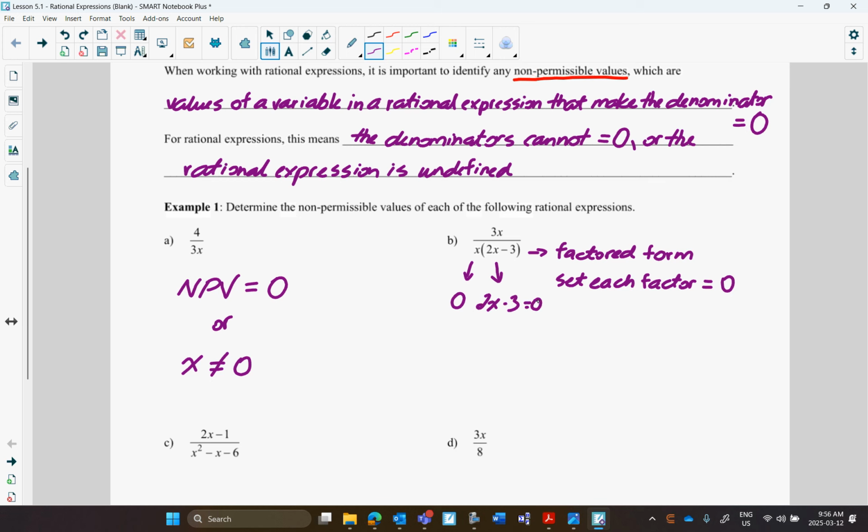I think you guys have sort of seen the pattern, so I'm not going to write all the steps. So that means that the NPVs for this one are 0 and 3/2. Or you can say x not equal to 0 and 3/2. I'm not going to keep writing both of them. So if it's in factored form, it's pretty easy to pick up the NPVs. What's the problem with this one?